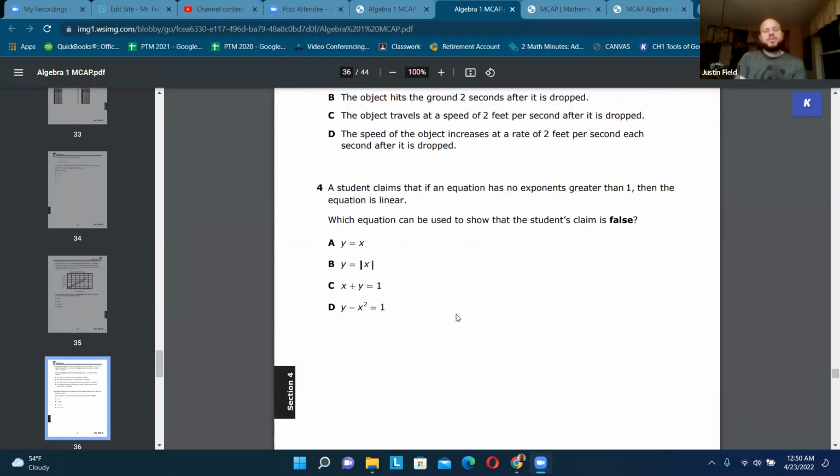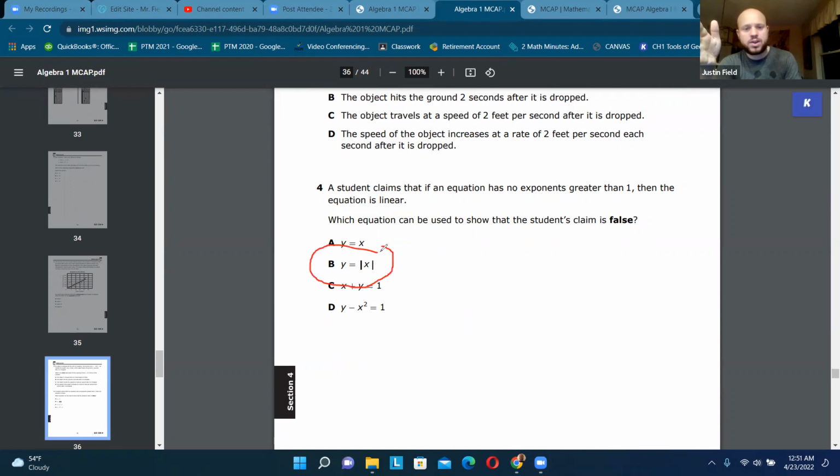The student claims that if an equation has no exponents greater than 1, then the equation is linear. Which equation can be used to show that the student's claim is false? That would have to be this one.